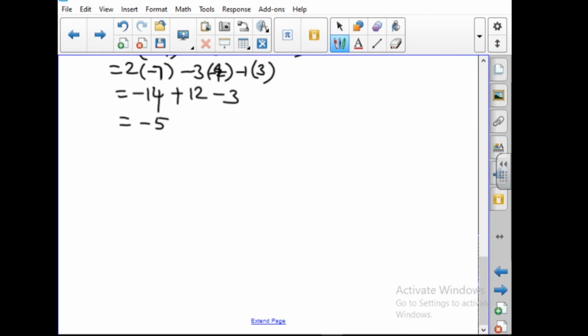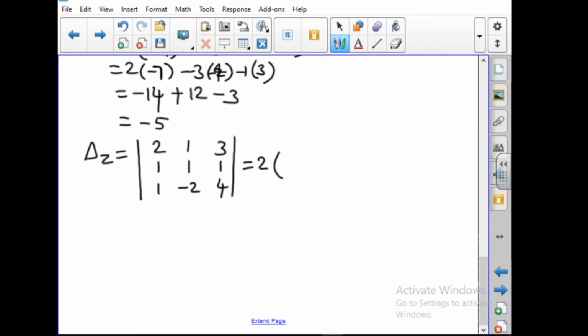Next we need to find delta z. Delta z is equal to the first two columns as they are, the x coefficients and y coefficients. The third column should be replaced with the constants 3, 1, 4. Okay. Now let us do the determinant. 2 into 4 plus 2, minus 1 into 4 minus 1, plus 3 into minus 2 minus 1.